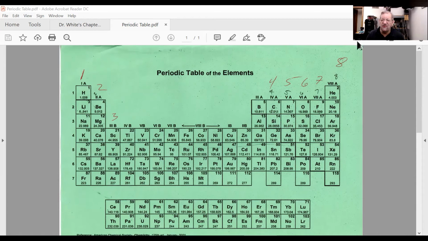How do you round this off to 3 significant figures? Keep the 1, keep the 12, keep the 0. The number used to round off is 1. Is that 4 or less? Yes. And therefore, you drop this and everything else. So for carbon to 3 significant figures, it's 12.0.